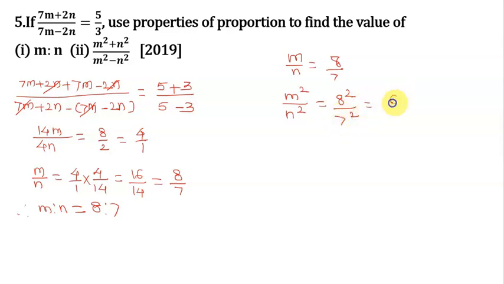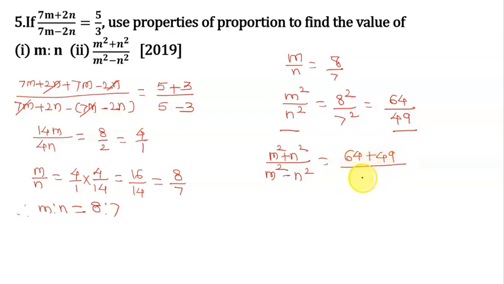You will get here 64 upon 49. Now by applying componendo and dividendo, you will get here (m square plus n square) upon (m square minus n square) equals (64 plus 49) upon (64 minus 49).